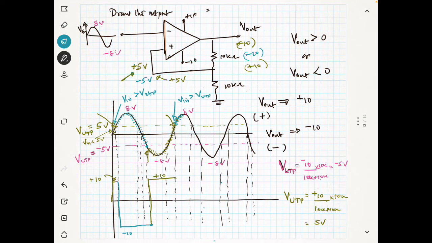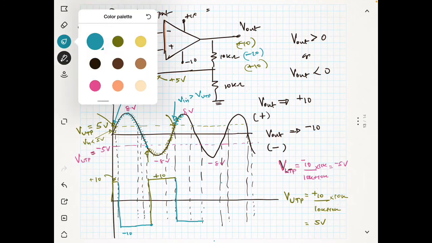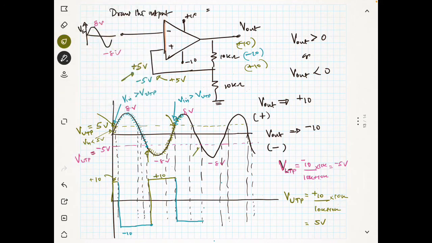If Vin is 6 volt, for example, then 5 minus 6 is a negative number, so the output will switch again. This will continue up to this point, then it will switch again at this point, and this will continue, then again it will switch here.